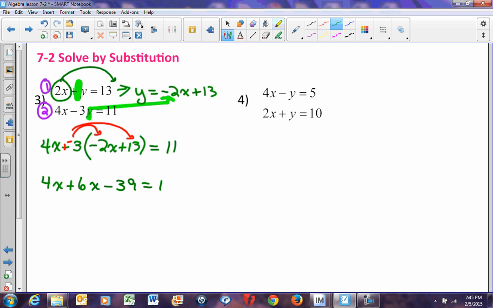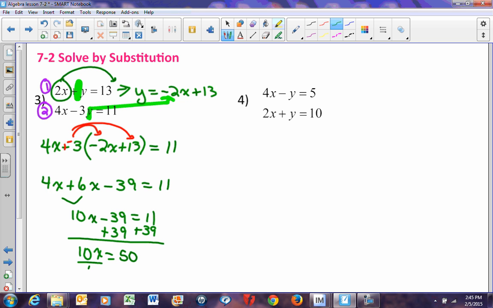And that will equal 11. 4x and 6x is 10x minus 39 equals 11. So I will add 39 to both sides. That means 10x equals 50. Divide by 10. x equals 5.